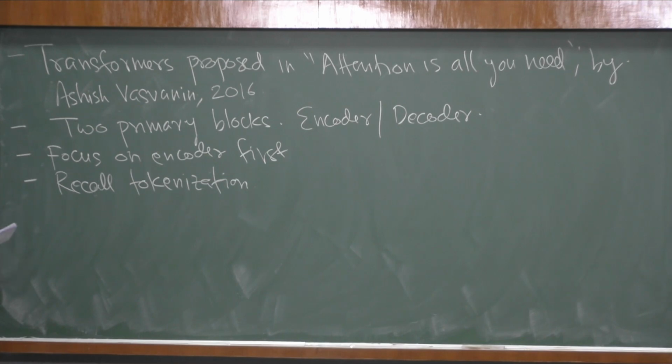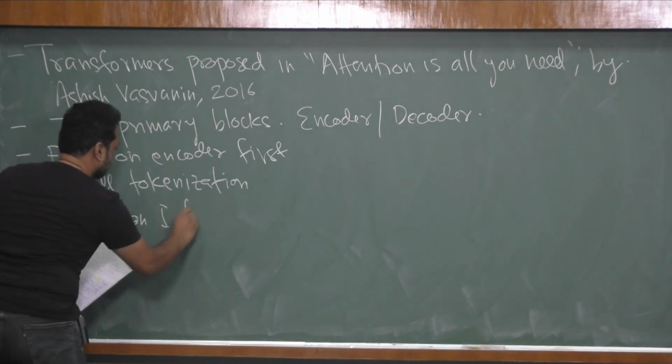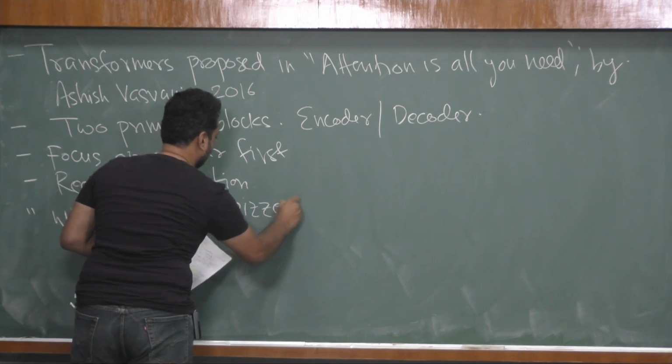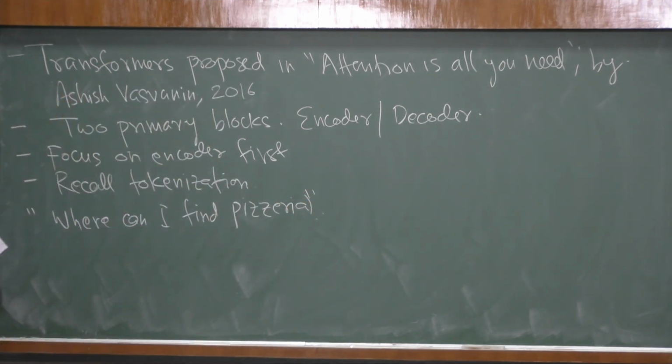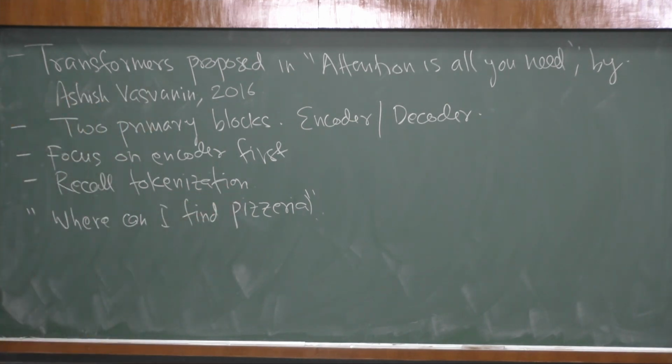If you recall tokenization, given, let us say, a text, "where can I find pizzeria", we have the tokenization problem: how am I going to represent this as a vector, so that each token has a unique representation.